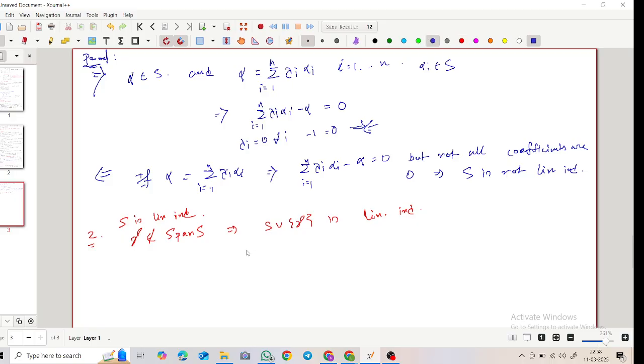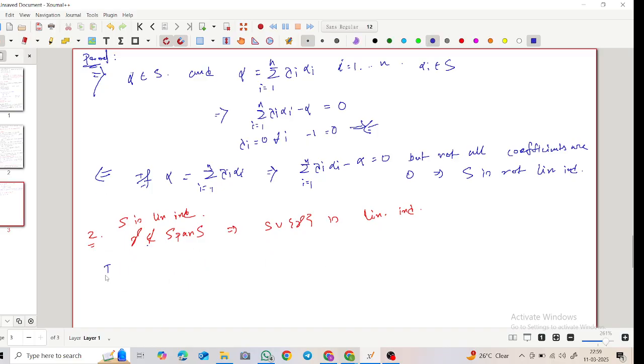Why? Because again you see gamma, if gamma is this linear combination, alpha I belongs to S, then if S union gamma, maybe I should write like this.